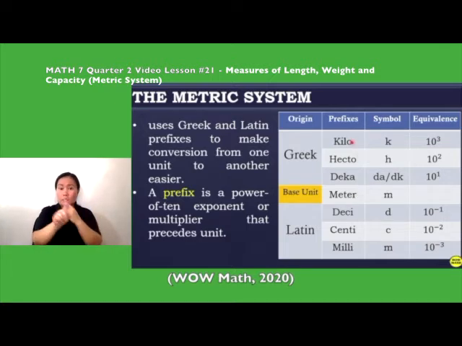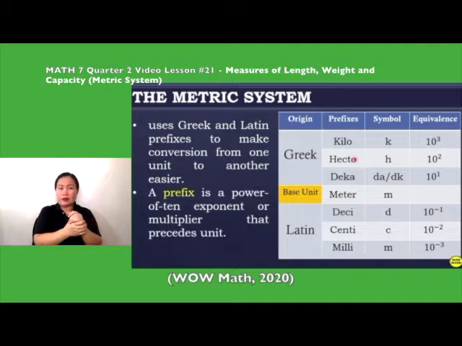So, halimbawa, yung kilo, i-convert mo lang sa deka. 1 times 100 lang kasi dalawa lang siya. So, 100. Kaya 10 squared. Okay? So, 100 lang, kaya magiging 100 decameter. So, yung 1 kilo is equivalent to 100 decameter. And then, 1 kilo is equivalent to 1,000 meter.